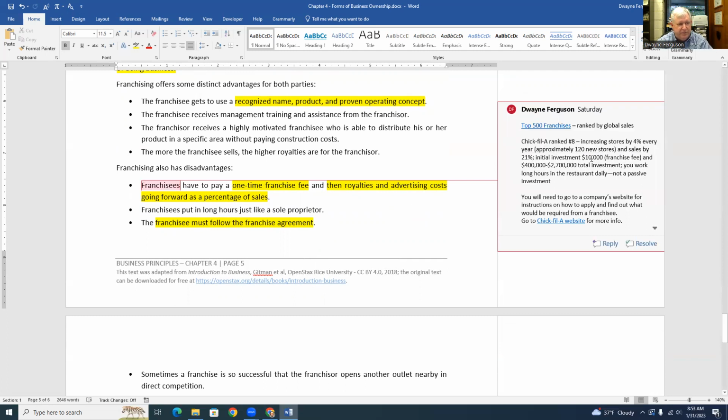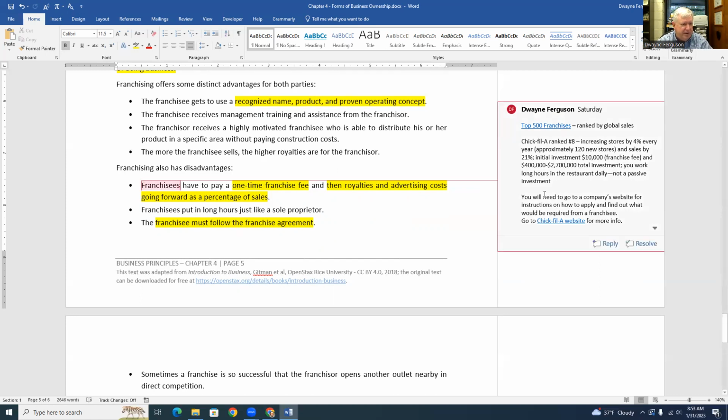The initial investment of the franchise fee is $10,000, which doesn't seem like a lot of money, but look at what you'd have to spend to get the land, build the building, and put in all the equipment: somewhere between 400,000 and 2.7 million. The main disadvantage of Chick-fil-A, I guess, is that the franchisee has to work in the business and works long hours every day.